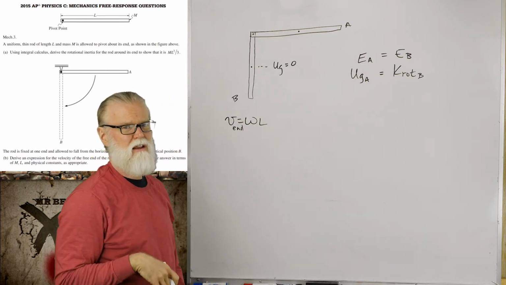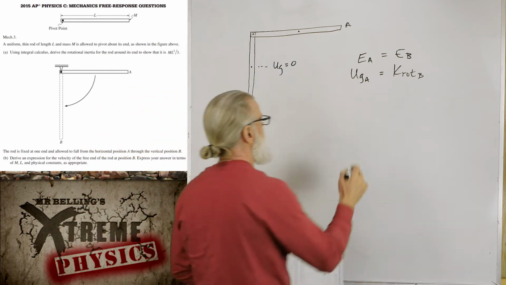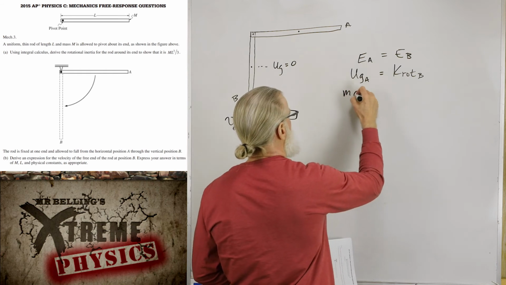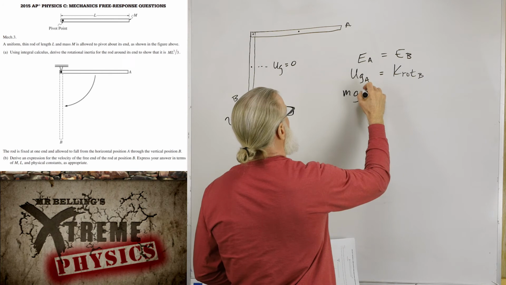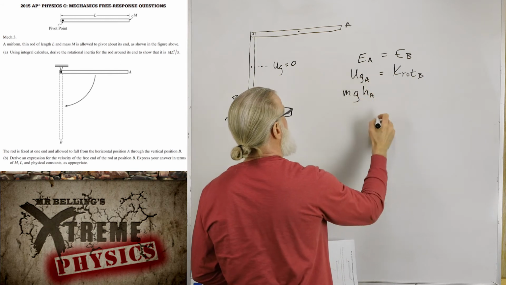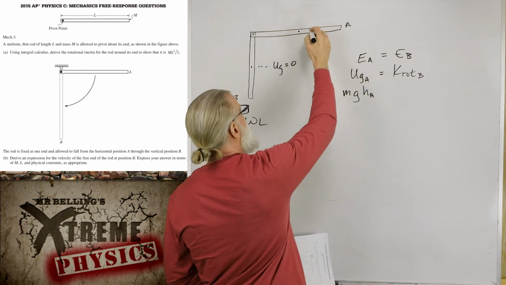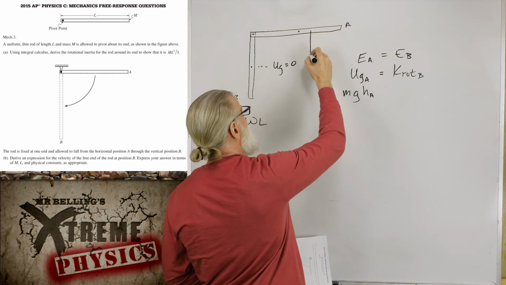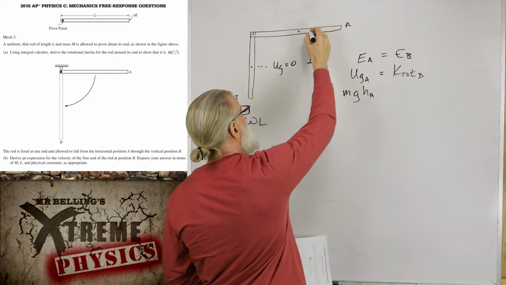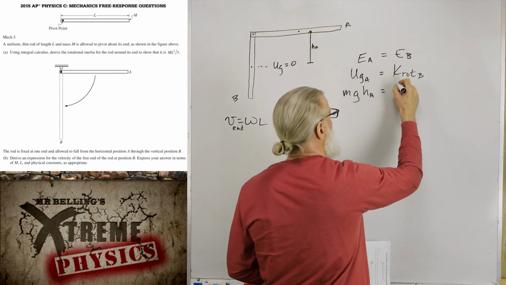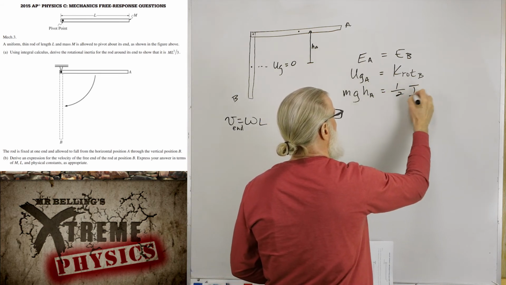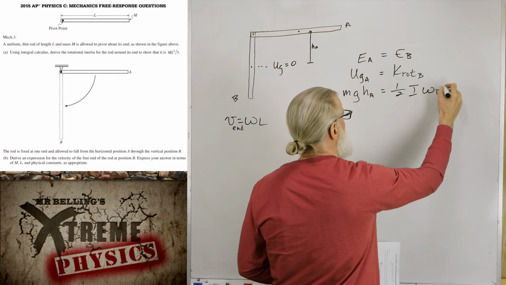It's strictly rotating around its hinge. So we get mg h_A, and this right here is h_A, from here to here, equals 1/2 I omega_B squared.